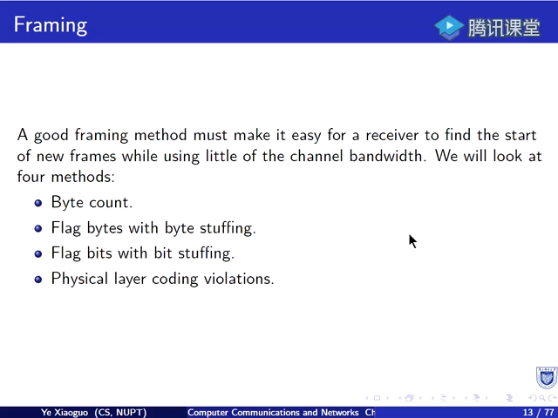So a good framing method must make it easy for a receiver to find the start of new frames while using little of the channel bandwidth. We will look at 4 methods. They include byte count, flag bytes with byte stuffing, and flag bits with bit stuffing.